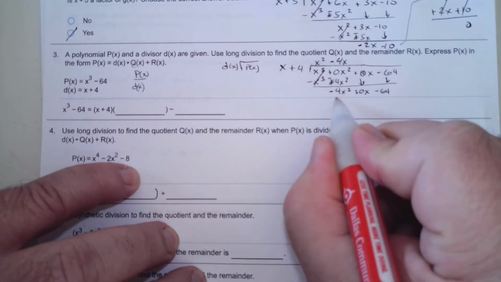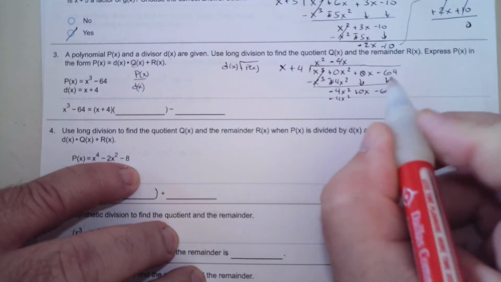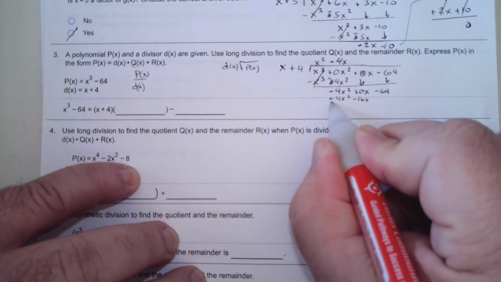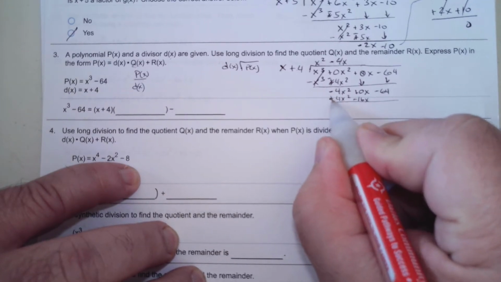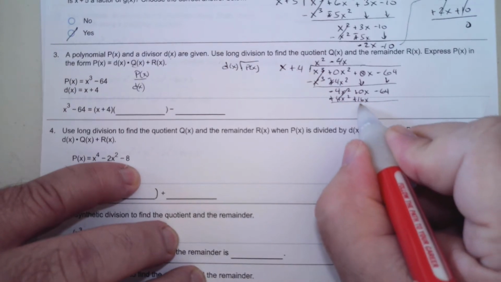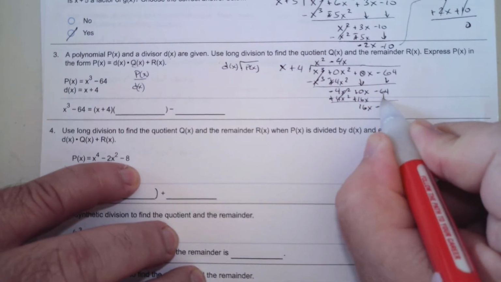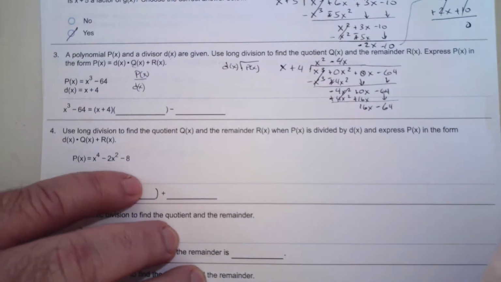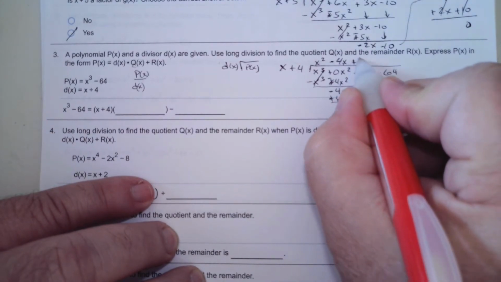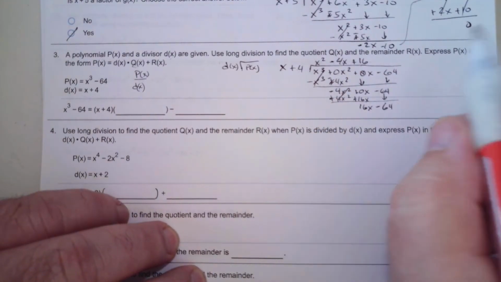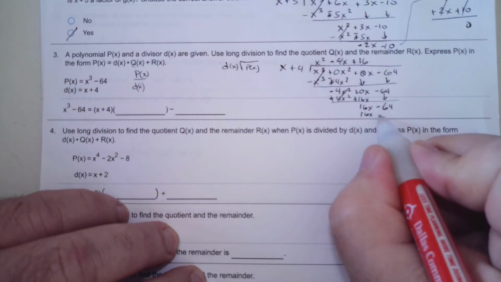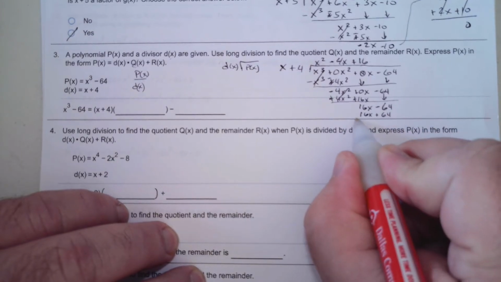Negative 4x times x is negative 4x squared. Negative 4x times 4 is negative 16x. Change the signs and add. 16 plus 0 is 16x. Bring down the 64. What times x gives me 16x? Positive 16. 16 times x is 16x. 16 times 4 is 64.